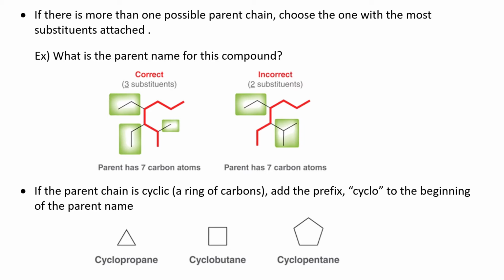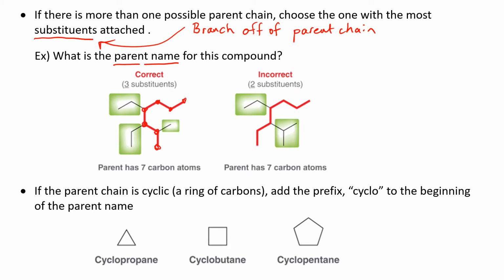If there's more than one possible parent chain, you choose the one with the most substituents. So a substituent is just a branch. It's a branch off of the parent chain. All right, so if we want to identify the parent name for the compound below, well, we see we have 1, 2, 3, 4, 5, 6, 7.